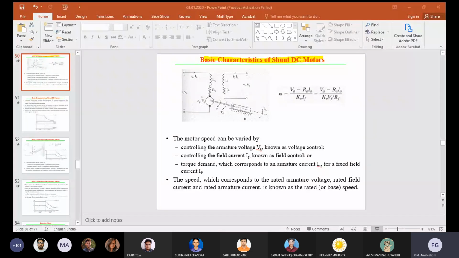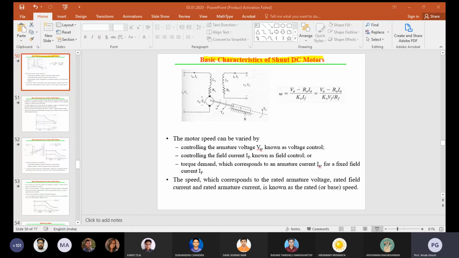The basic expression of the motor is Va equal to Eb plus Ia Ra. Eb is your back EMF. Eb equal to Z phi P N divided by 60A, and that terminology you can make constant.